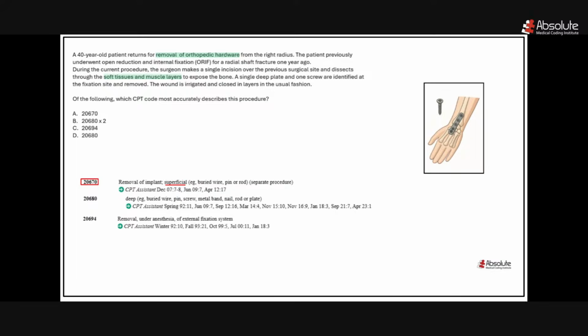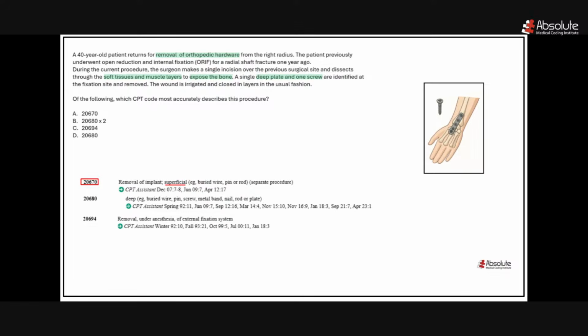Now we have to find out whether this is a superficial or deep implant removal. From the documentation, it's clear that the surgeon had to dissect through the soft tissue and muscle layer to expose the bone. That is not going to be a superficial removal, right? And also, it's mentioned that a single T plate and one screw were identified at the fixation site and removed.